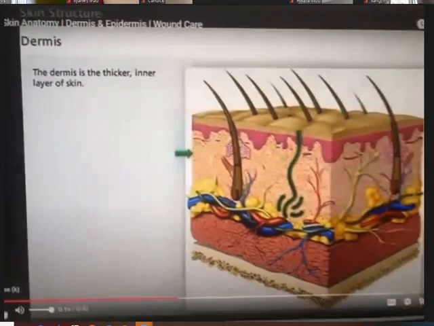Okay, so this is your dermis. The skin is connective tissue that consists of cells, fibers, and the dermis is the thicker inner layer of skin.